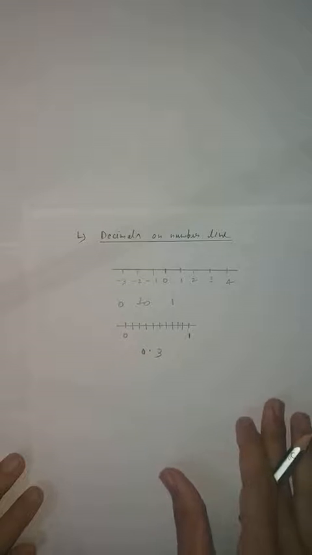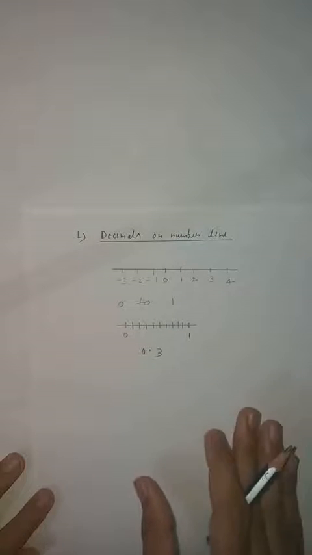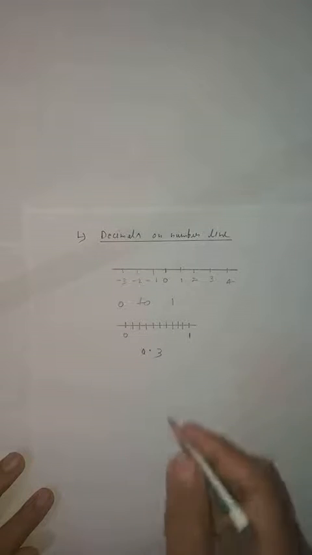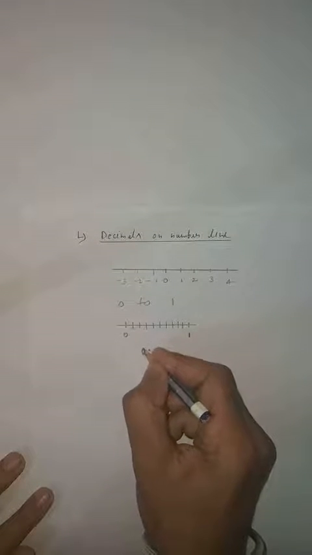In integers, you know, any whole number, natural number or prime number you have to represent on the number line, but in decimal there is a 0.3. ठीक है ना? So this is a decimal, this is not a natural number, not a whole number, not a prime number, this is 0.3. It means this is in the category of decimal numbers. So how will you represent it, students?